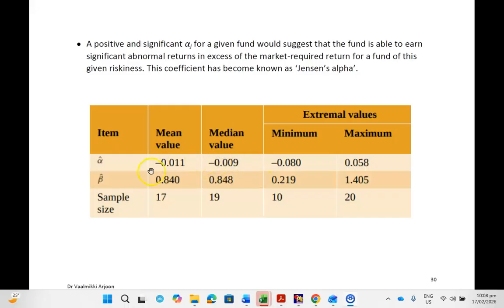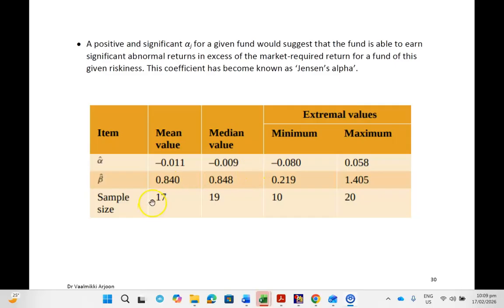Because both of them are negative, it tells us that on average the average fund was unable to beat the market because it recorded negative alphas in both cases. But looking at the minimum and maximum values, the maximum value is 0.058. So some funds did manage to perform significantly better than what was expected given their level of risk, with the best fund of all yielding an alpha of 0.058.